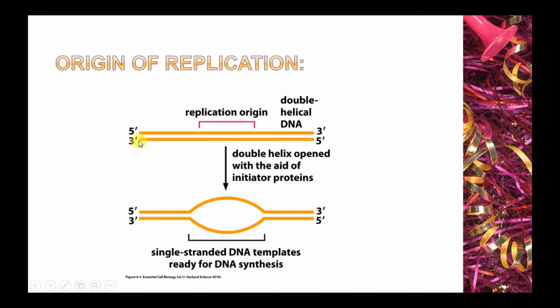So this is my DNA molecule, and suppose this is the replication origin containing a specific type of nucleotides in it. Now the replication will begin from this point. So this is the origin of replication.